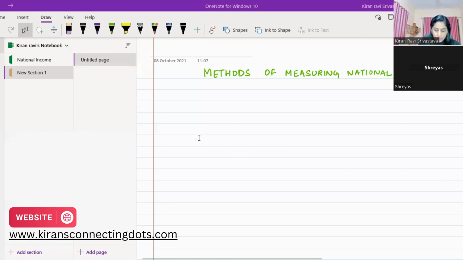Okay, so now we will be starting with methods of measuring national income. There are three methods of measuring national income. The first method is the income method. The second method is the expenditure method.